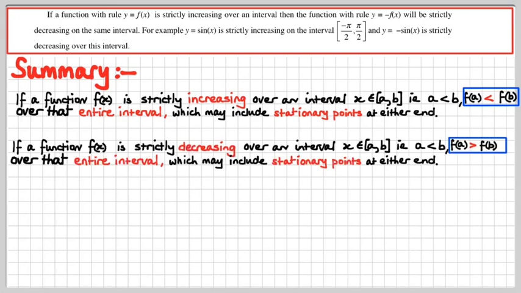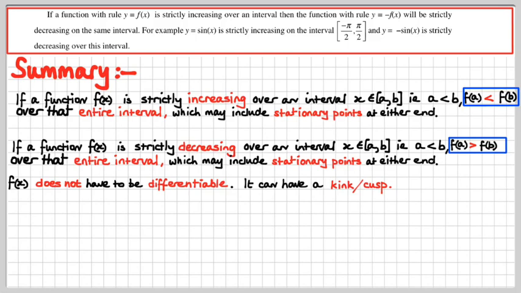If a function f of x is strictly decreasing, on the other hand, over the same interval, x is a to b, that is a is less than b, then the left-hand value will be greater than the right-hand value, right? The reverse of what's going on up here. And that's over that entire interval, which may include stationary points at either end.